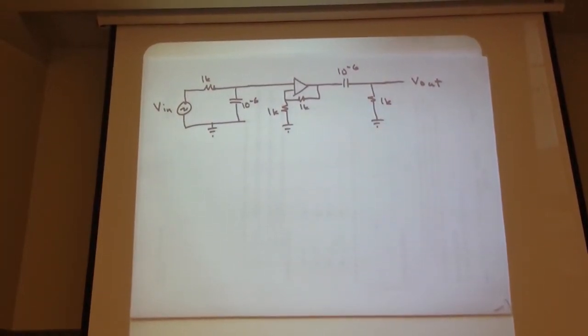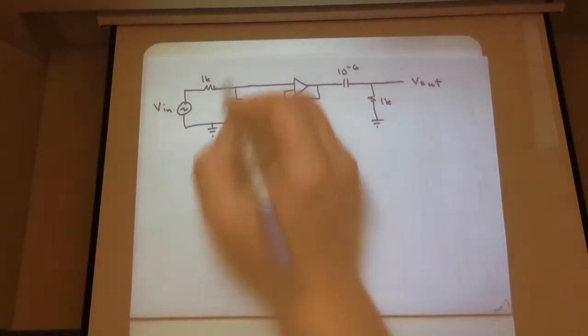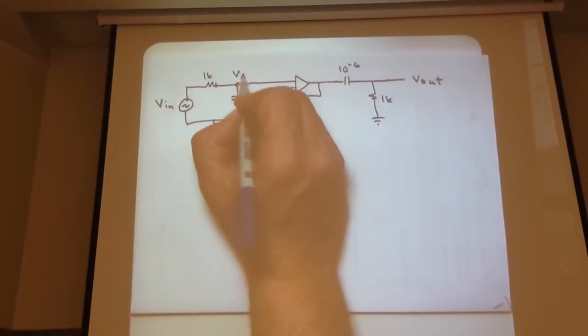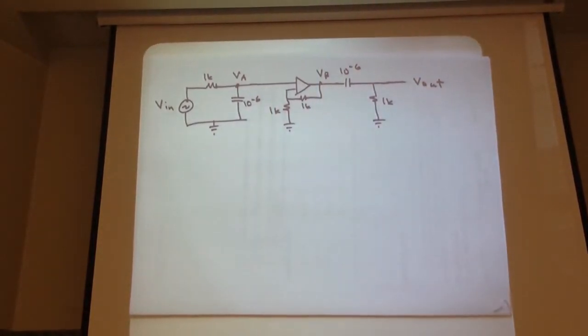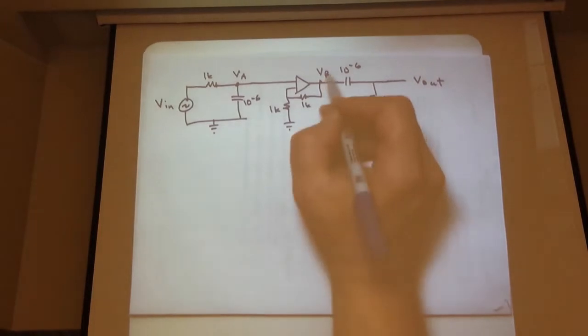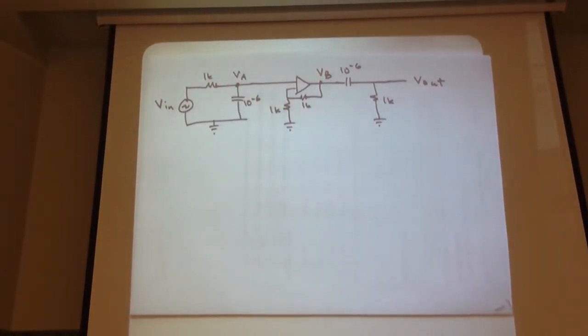So, we have an RC circuit, an amplifier circuit, and an RC circuit. If we think about our nodes, we can call this VA, call this VB, and our last node, of course, is V out. What's VA?